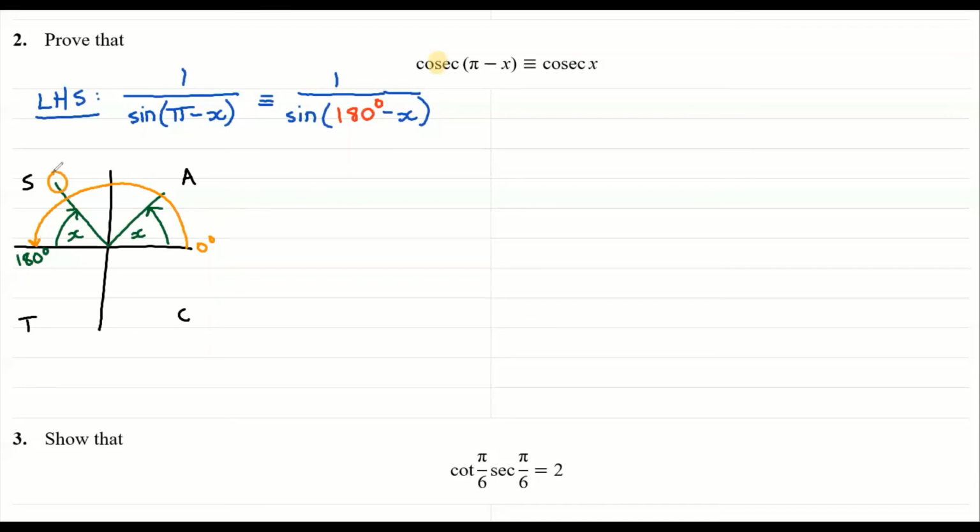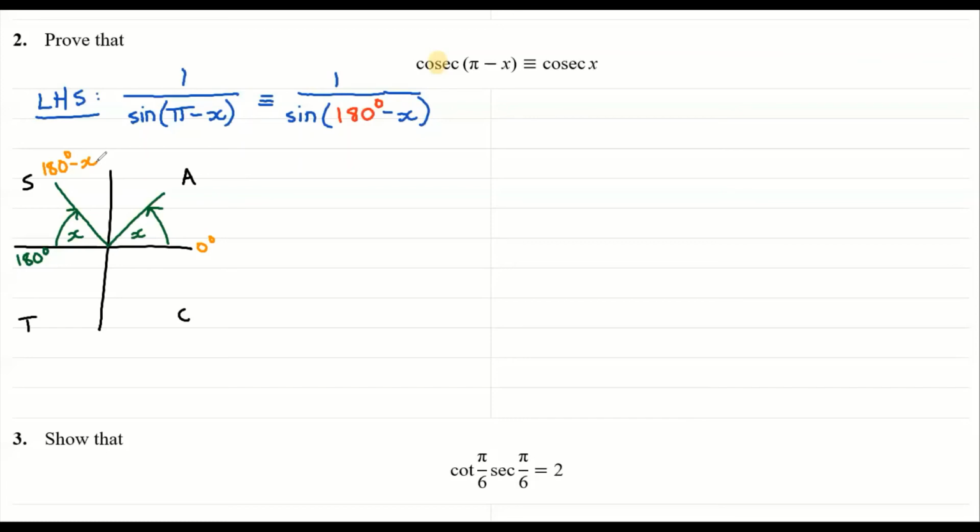So just undo that. This angle here must be 180 degrees subtract x. If it was in the tan quadrant, where T is, it would be 180 plus x. And if it was in the C quadrant, it would be 360 subtract x. I hope that's all right.